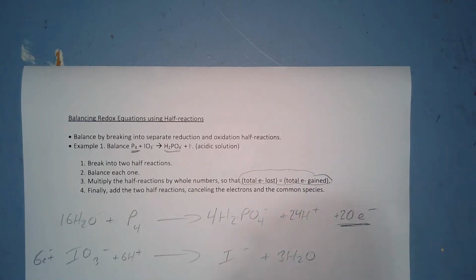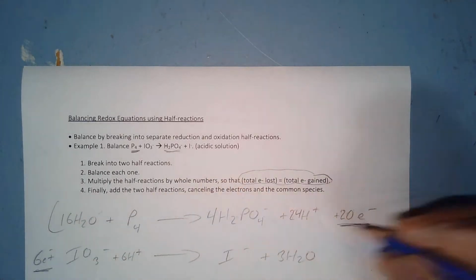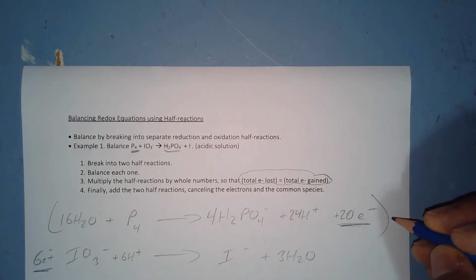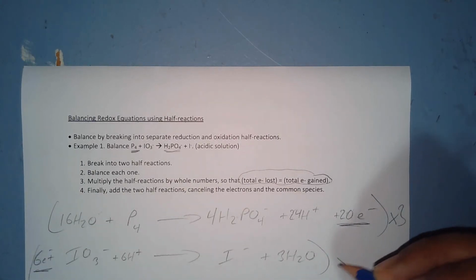Now you focus on the electrons. You've got 20 electrons there and 6 here. This is sort of like getting a common denominator with fractions. You want to multiply so that electrons gained equal electrons lost. The common multiple here is going to be 60, so you multiply this one by 3, and you multiply this one by 10.